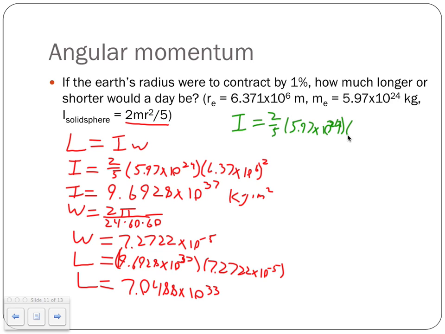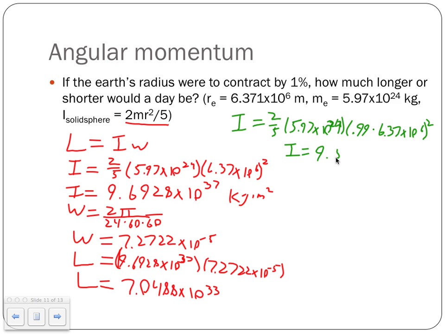It says it's contracted by 1%, which means the radius is 99% of what it was before. So we'll say 0.99 times the existing radius, 6.37 times 10 to the 6th, and then square that.